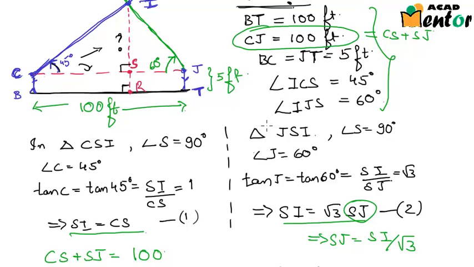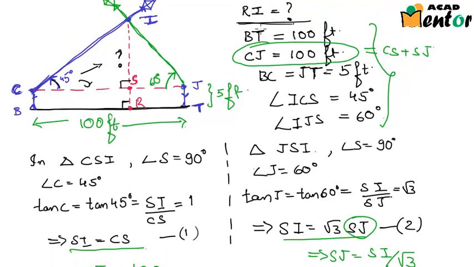Now were we supposed to find out SI? No, we had to find out RI. So we know SI, this length, is equal to 63.37 feet. And RI is nothing but SI plus RS.